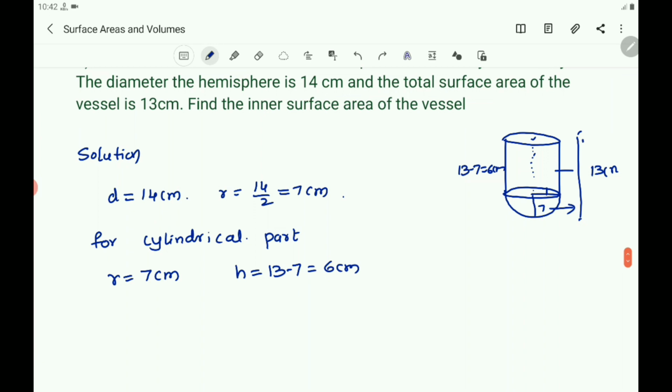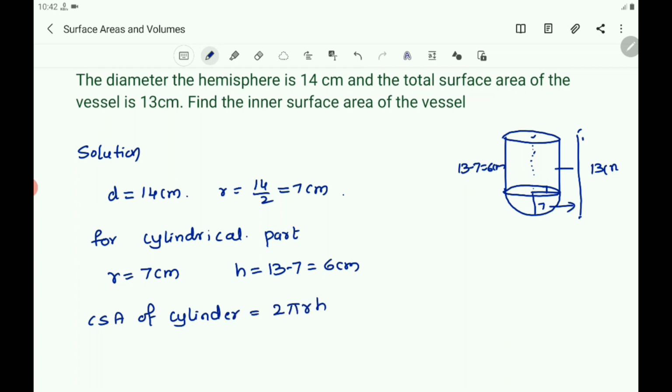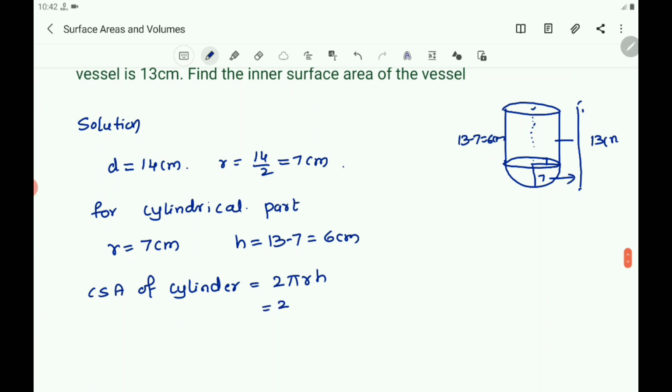Then you take the inner surface area of the cylindrical portion first. Here you have taken H, therefore you write the formula for the CSA of the cylindrical portion. CSA of cylinder equals 2 pi RH, that equals 2 into 22 by 7 into 7 into 6.